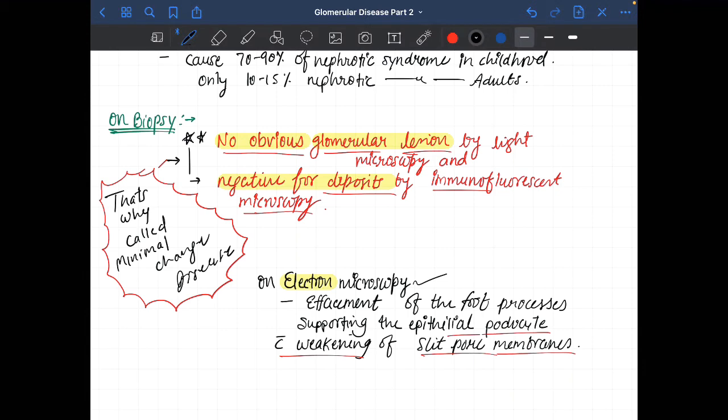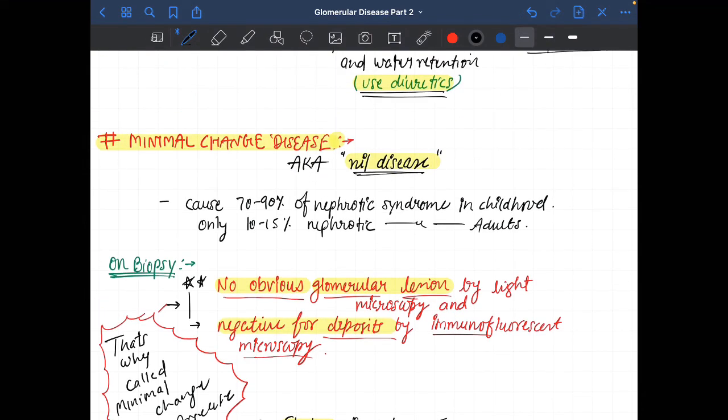Effacement of the foot processes leads to weakening of the slit pore membranes, which allows proteins to pass through. That's why there is heavy proteinuria.